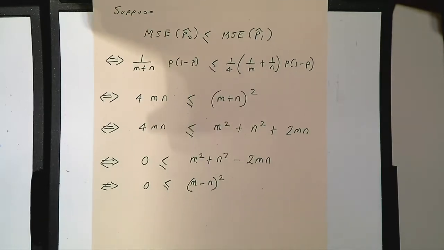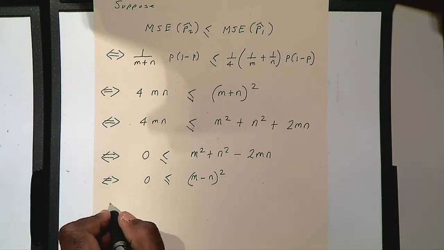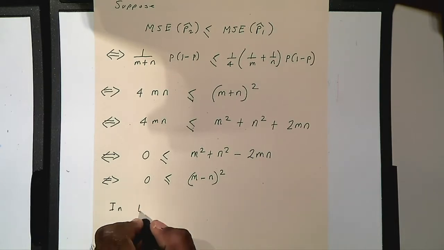So my guess is correct. So I have proved that the MSE of the second estimator is less than or equal to the MSE of the first estimator.